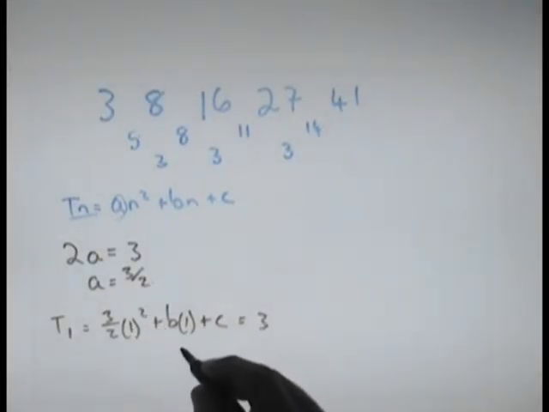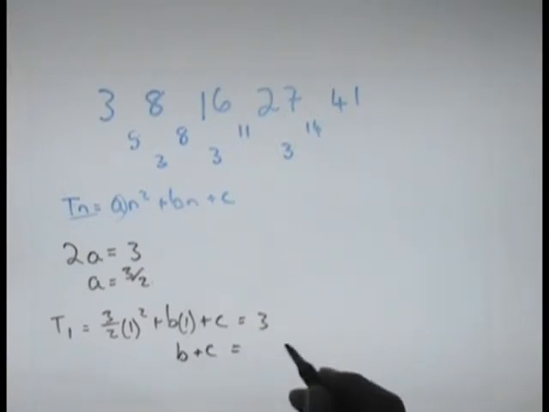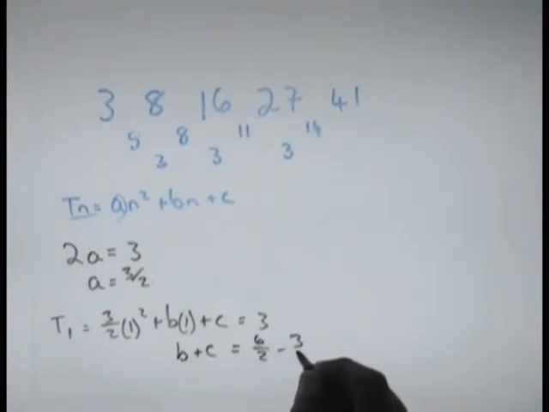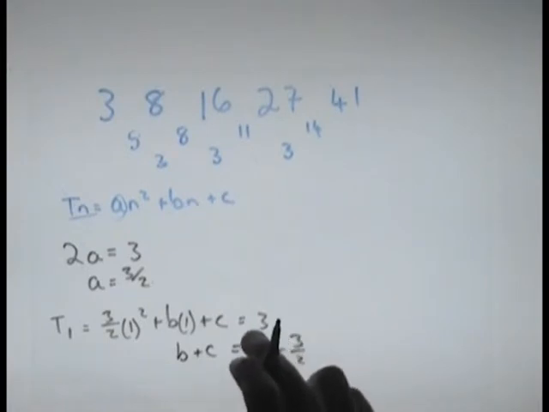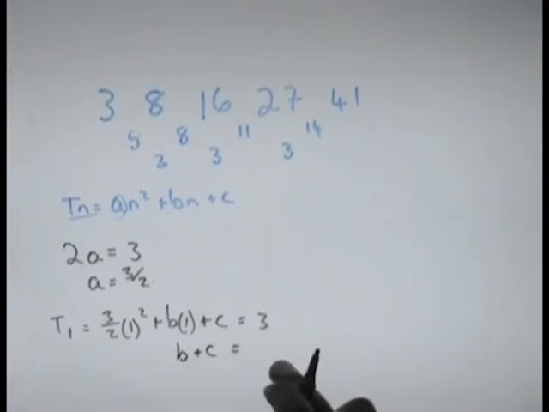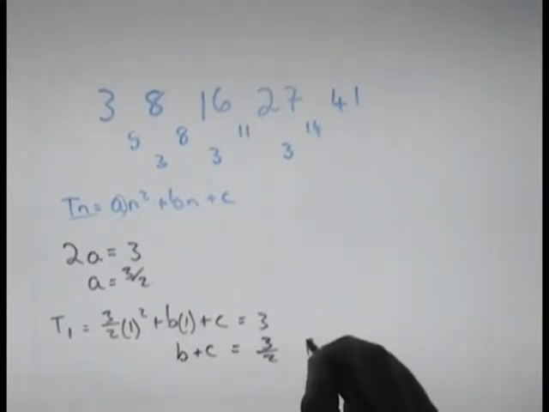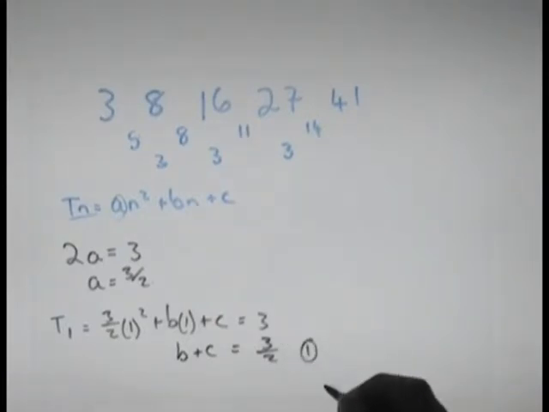That means that b plus c is equal to 3 minus 3 over 2. 3 minus 3 over 2 is the same as 6 over 2 minus 3 over 2. 6 minus 3 is 3 over our common denominator of 2. That means that b plus c is equal to 3 over 2, and that is equation 1.